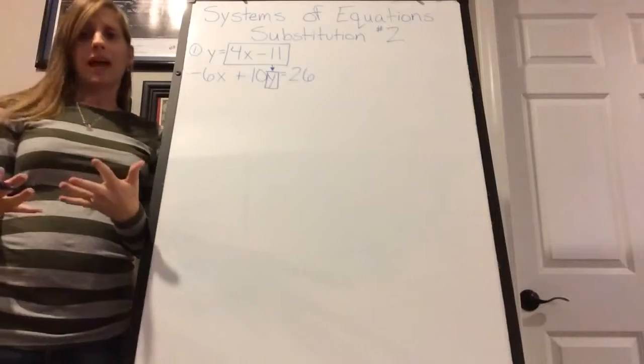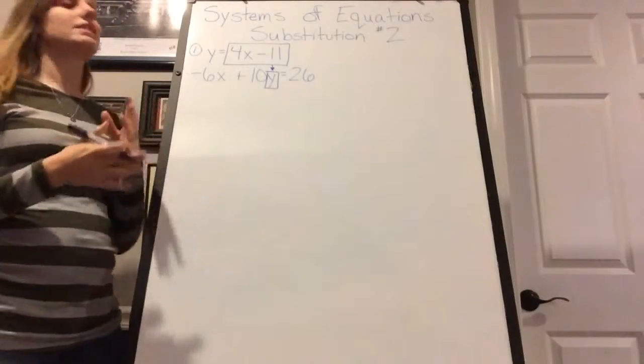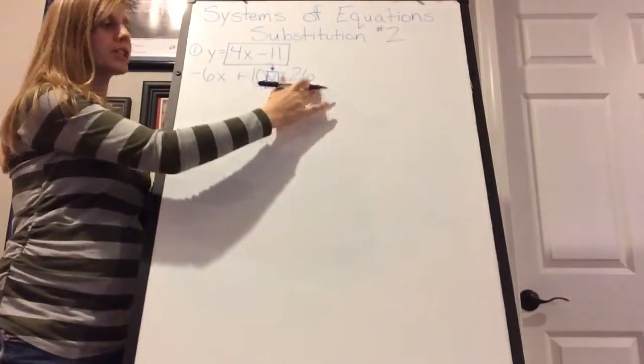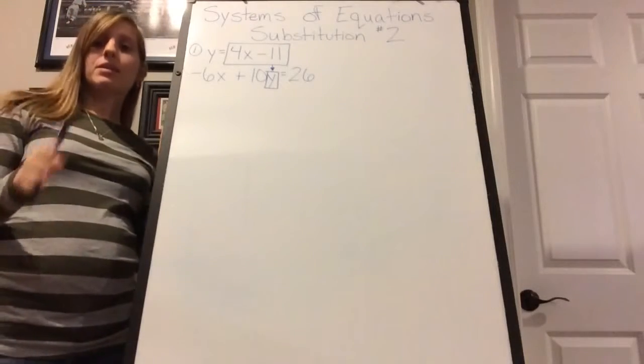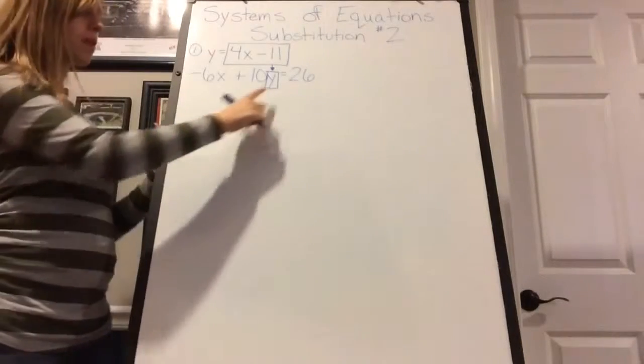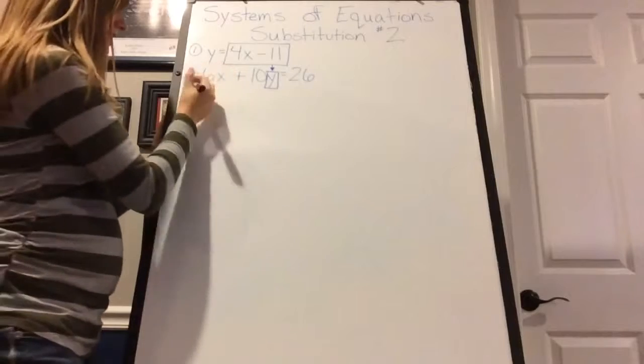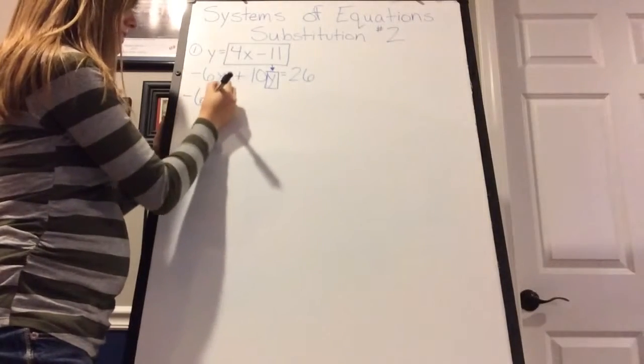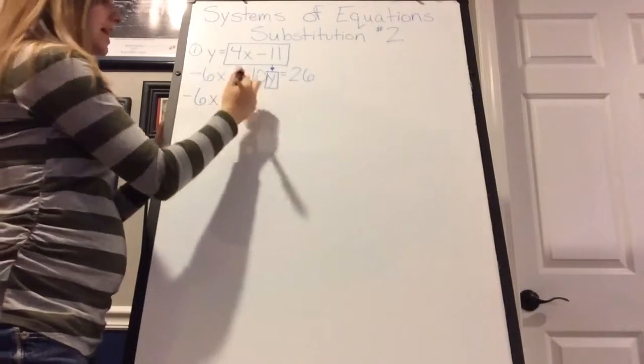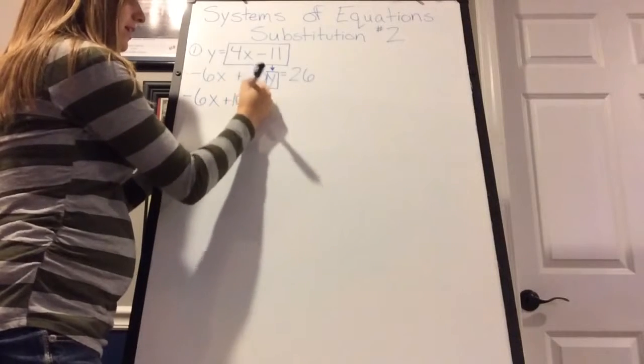But the rules still apply. So what happens is everything about this second equation is going to stay the same. The only thing that changes is the y. So my negative 6x stays a negative 6x. My plus 10 stays a plus 10.